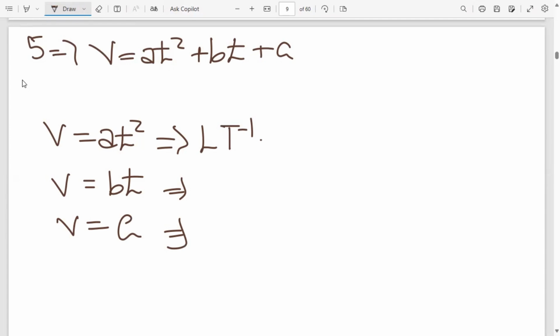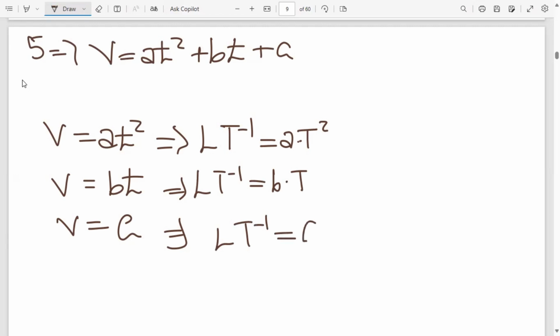So this is equal to A and T, we have T squared like that. The second one, we have V, which is LT to the power minus 1, being equal to B multiplied by T. Okay, so the last one, we have LT to the power minus 1 is equal to C. So you can tell that the last one, for C, has already given us the dimensions for C. For this one, we're going to make B the subject of the formula.